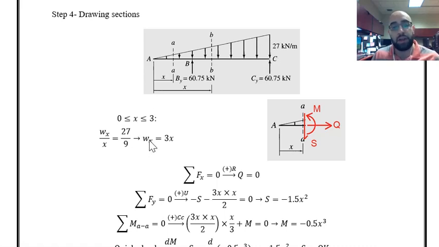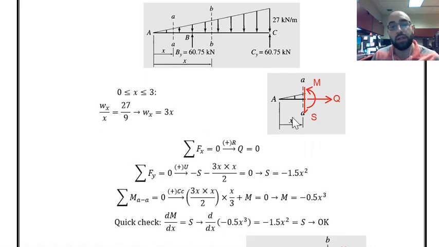And based on this, I can find the intensity at each point along the length as a function of x, which is 3x. So intensity is 3x multiplied by x divided by 2 is the area under the distributed load. And based on this, I can find s as minus 1.5x squared. This is the equation for shear force, of course, in this specific region.